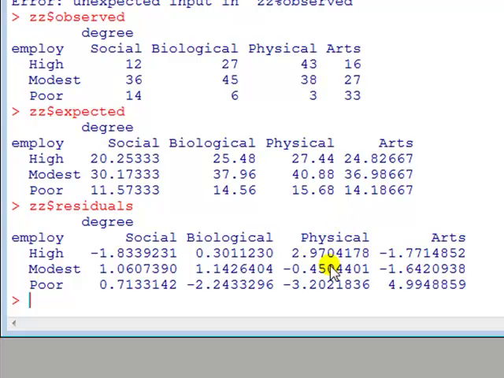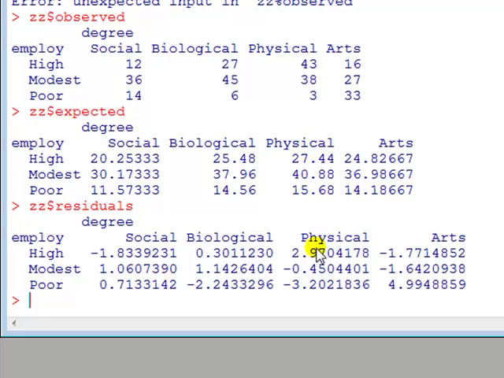The next one, largest in absolute value, is this one here. It's a minus figure. Physical science with poor expectations: what you observe is 3, and if the null were true, you'd expect 15, so a lower number than you'd expect. Physical science students are observed less with poor employment prospects.